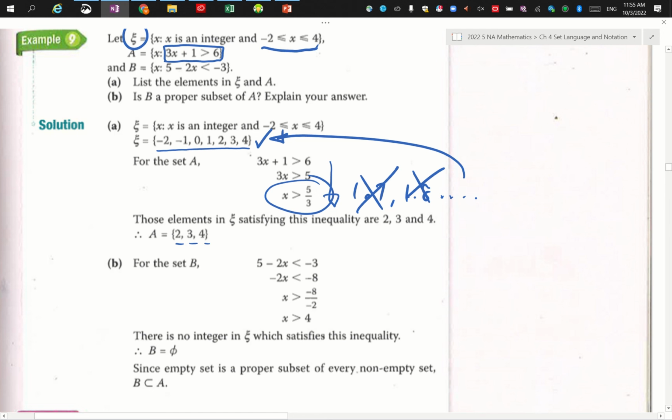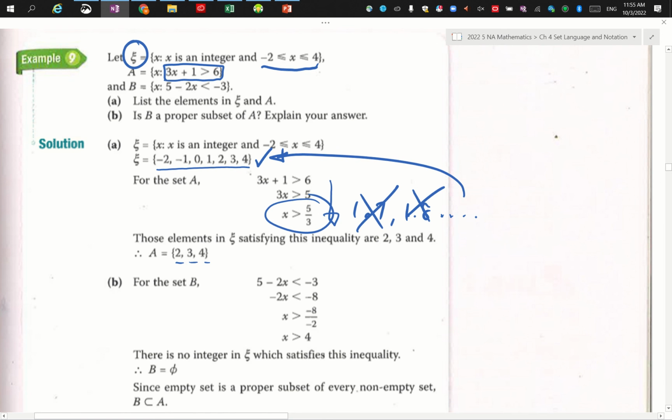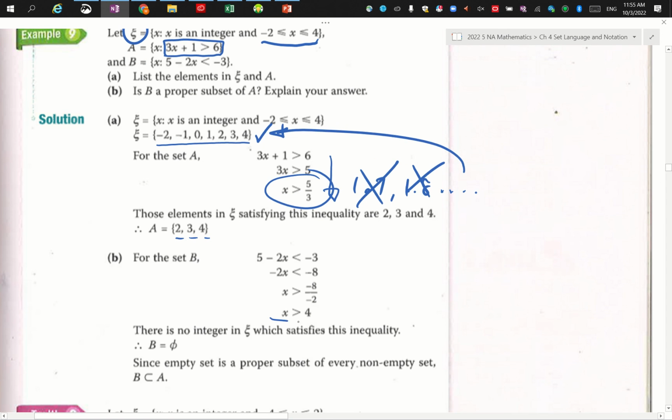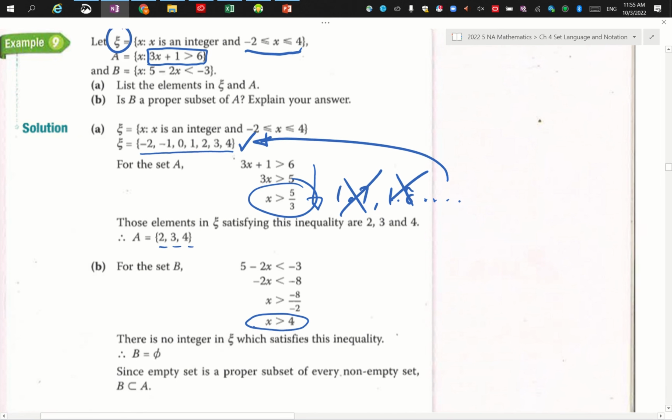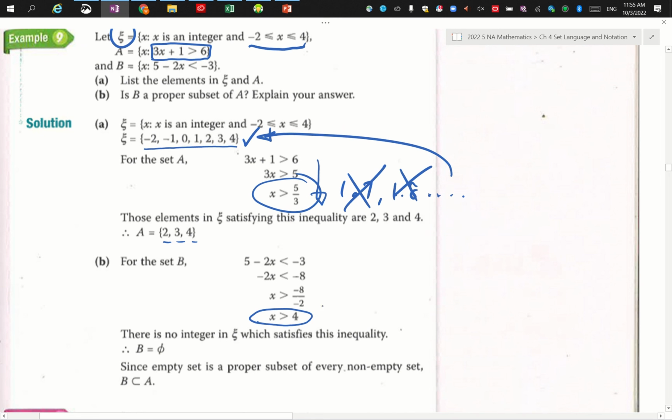So question, is B a proper subset of A? We need to solve set B first. B turns out x is greater than 4. Then we compare this with A. For set B, x is greater than 4. Actually, there's nothing inside. Because for x greater than 4, we need x equal to 4.1, 4.2, and so on and so forth.